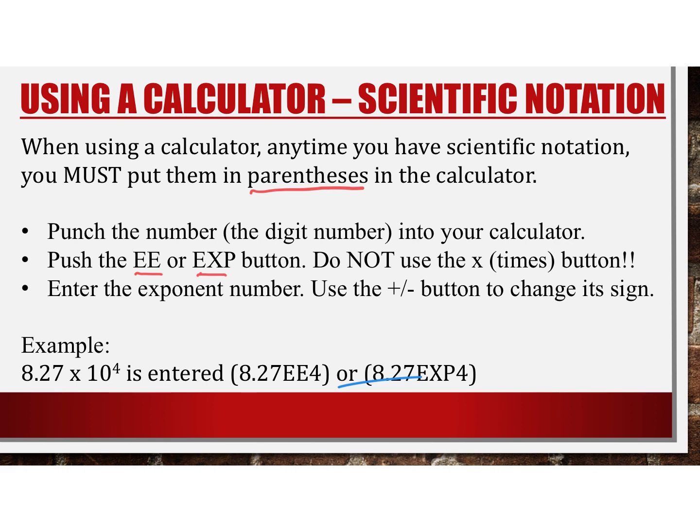And when you enter the digits, you are not going to use the times button. You would just put in your digits, and then use this button to stand for times 10, and then the exponent.